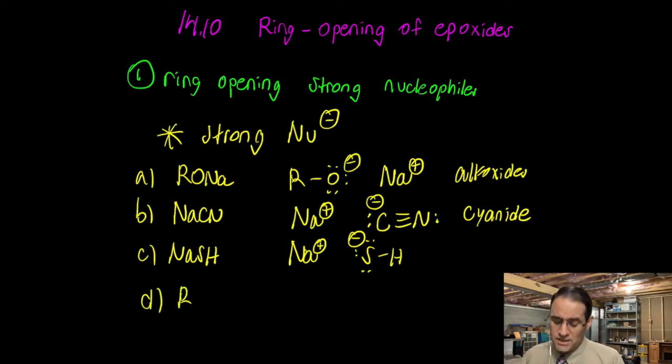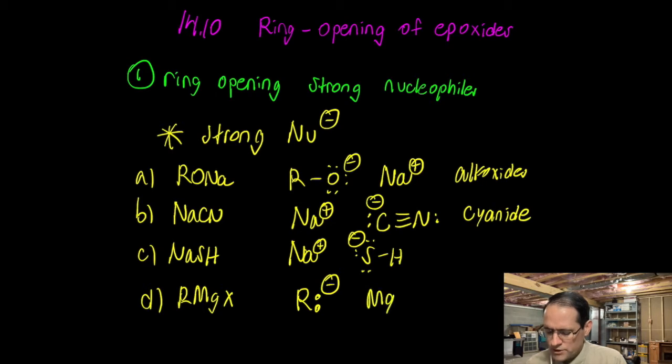Okay? Grignards also are very strong nucleophiles, and the reason why is because you have a carbanion with a negative charge. Okay, these are carbanions, and they definitely have a formal charge of -1. So carbanions come from Grignard reagents.